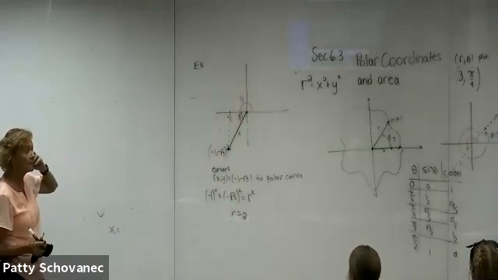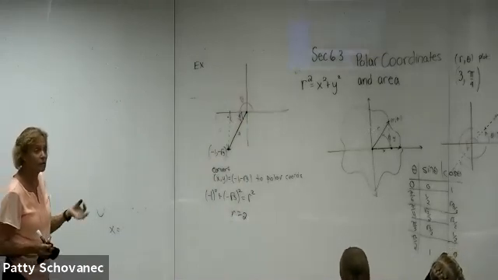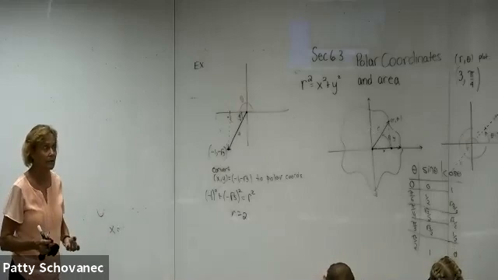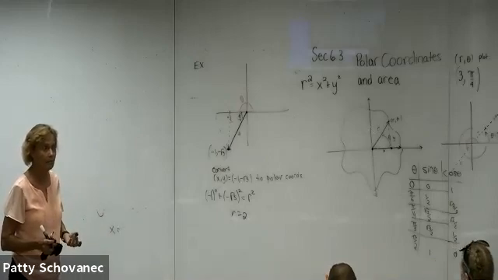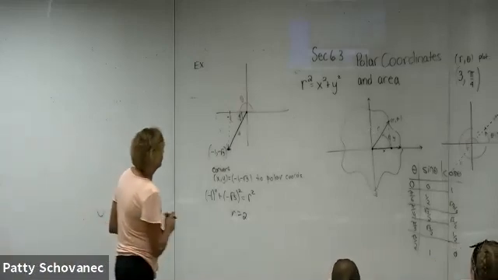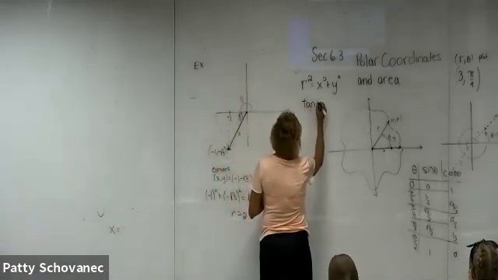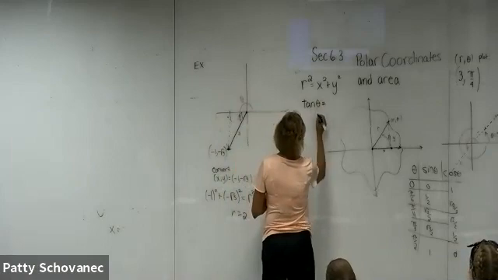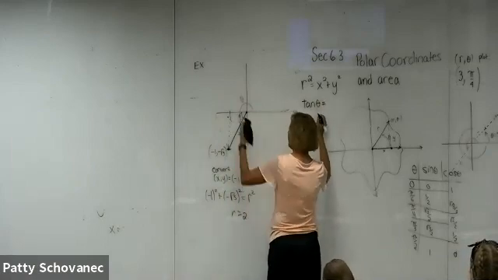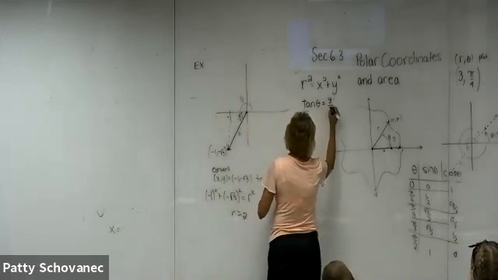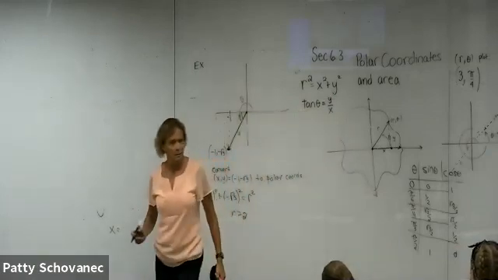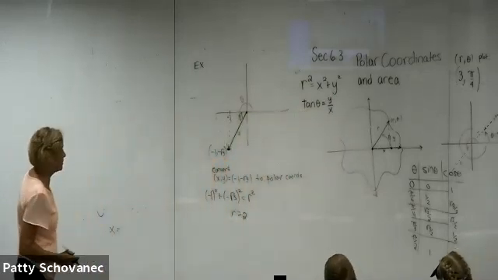So for instance, if I wanted to figure out theta, I can use a sine, cosine, or a tangent, right? I know that the tangent of angle theta is opposite and adjacent. It's the slope of that line, right? So I can use that to find me theta.